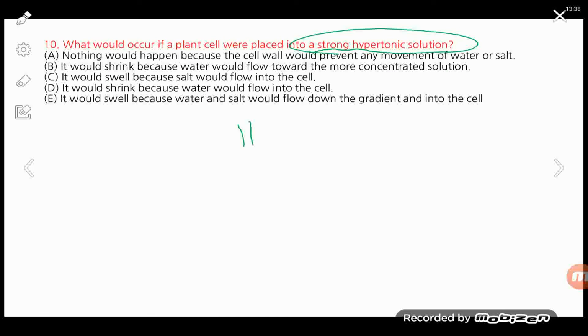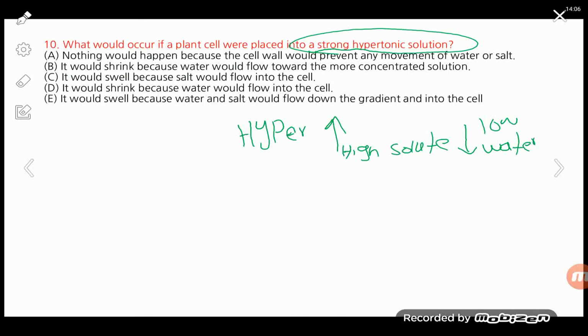When we say hypertonic, it means high solute. When there is high solute in a solution, it means low water.